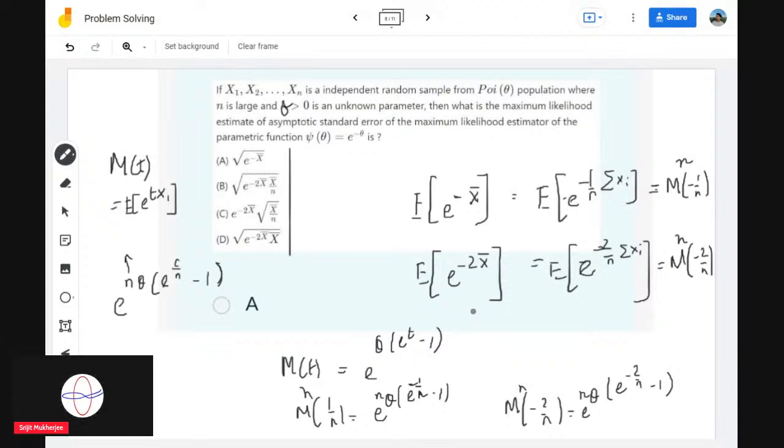Because the variance in the limiting step tends to zero. I think that is right, because we know the MLE is consistent. So variance may be zero. Oh, in that sense, yes, the MLE is consistent. You're right. But I'm trying to understand the maximum likelihood estimate's asymptotic standard error.